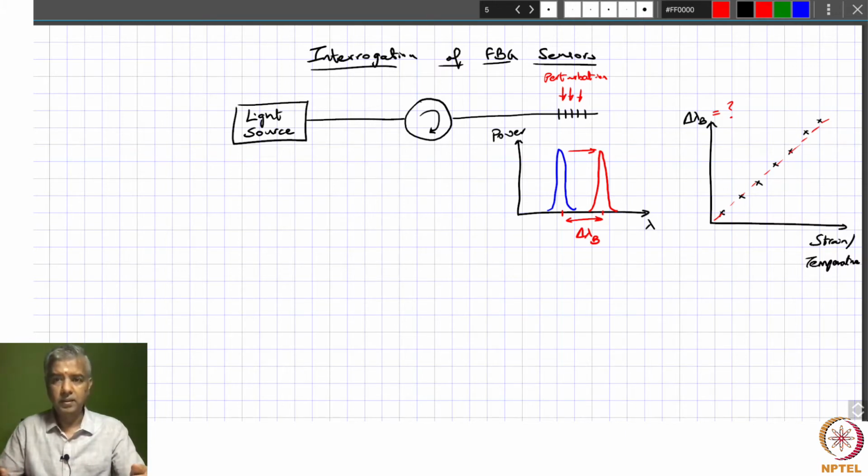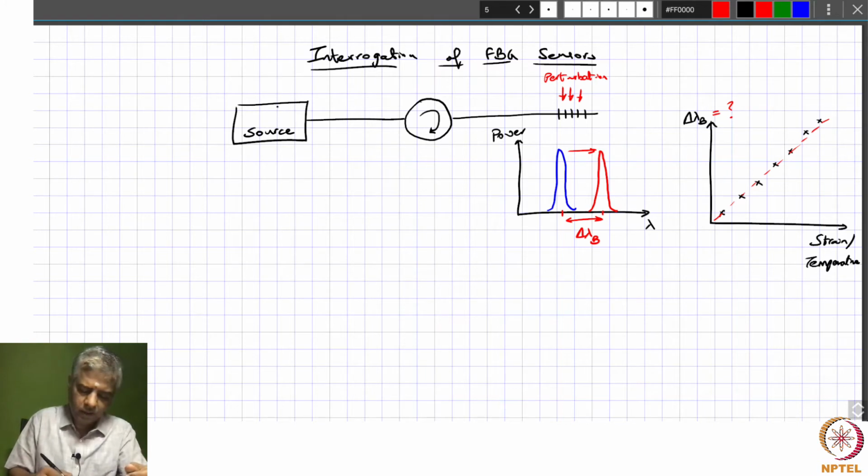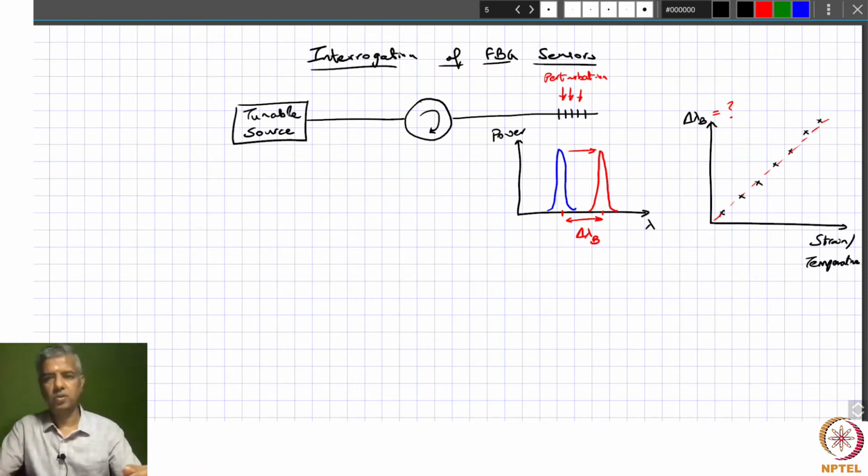Well, you can possibly consider one other light source. You can use a tunable laser source. A tunable laser source is where the center wavelength of the laser is actually changing with respect to some voltage or some current that you are providing.